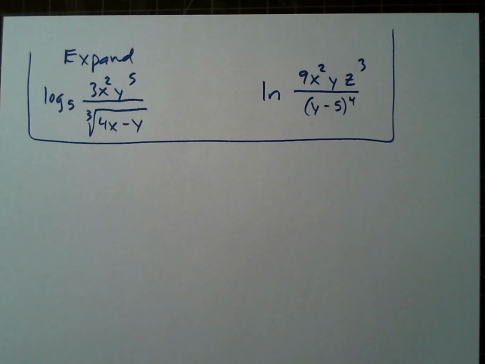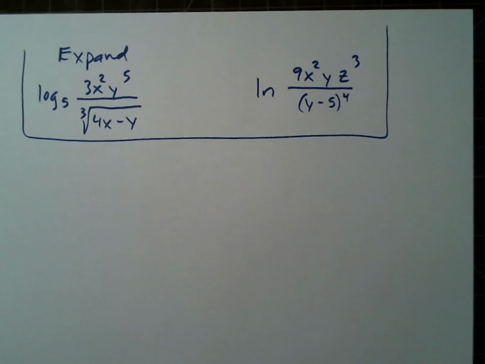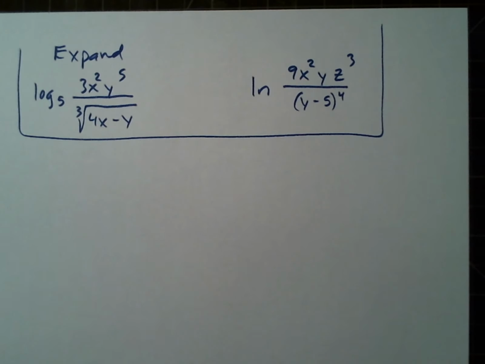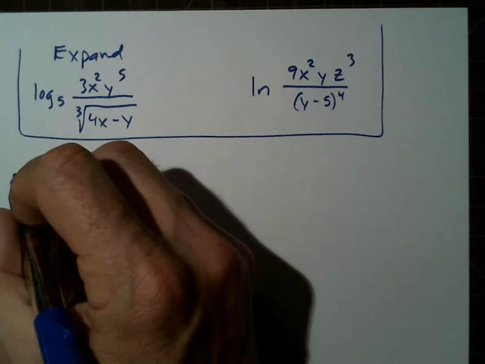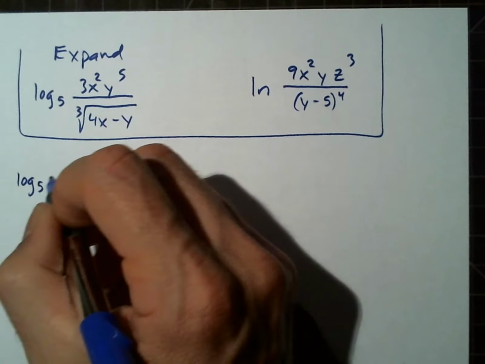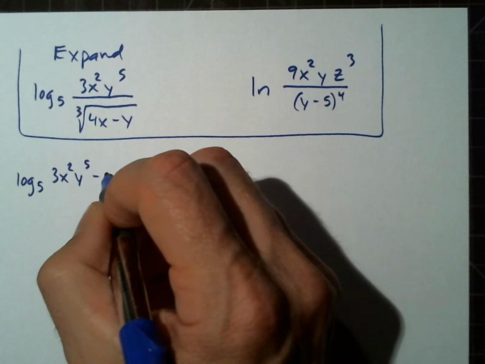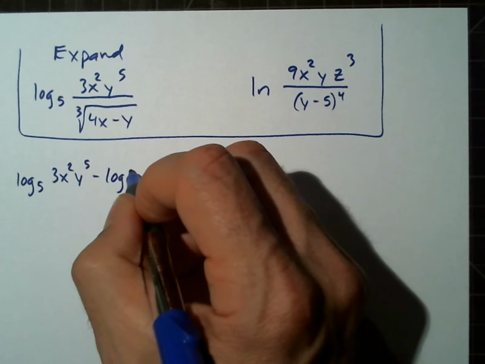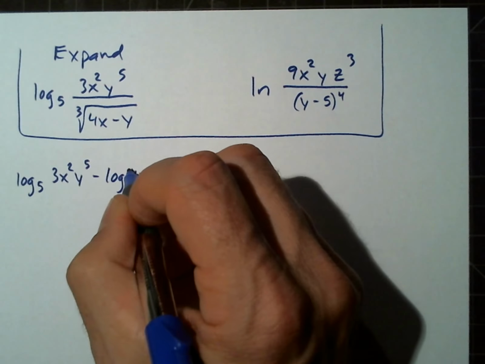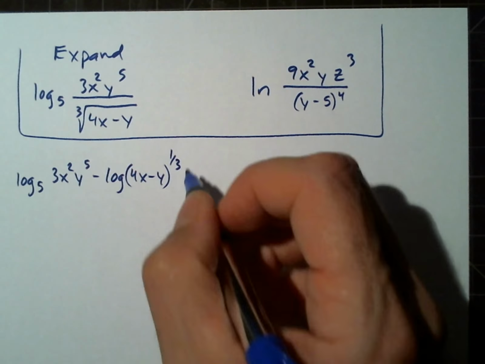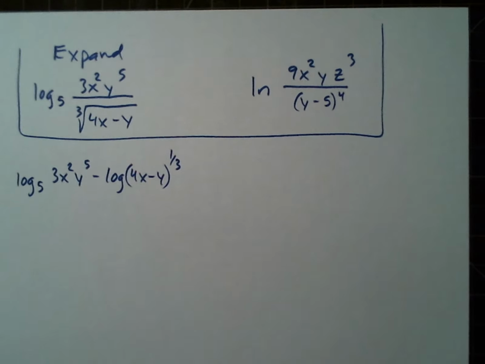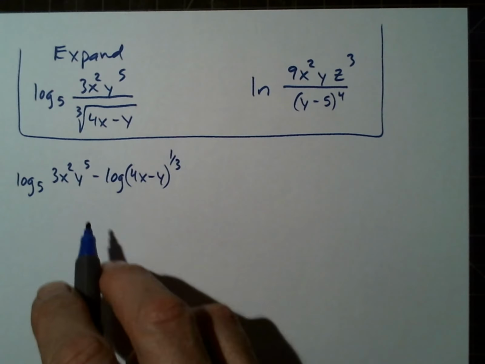Okay, expanding, we have one log expression in each, and then we want to change it into more log expressions. So pause and try these. The quotient turns into a difference.